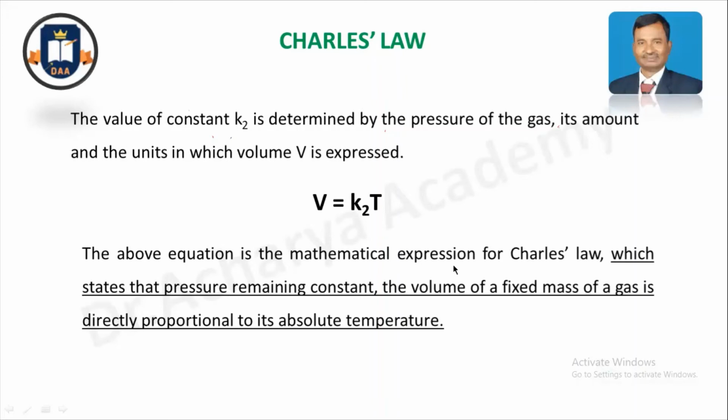So this mathematical expression V is equal to K2 T is for Charles' law, and Charles' law says that at constant pressure, here we always mention that the pressure remains constant and the mass also remains constant, that means a fixed mass of gas, the volume is directly proportional to the temperature when the temperature is in the absolute scale or Kelvin scale.